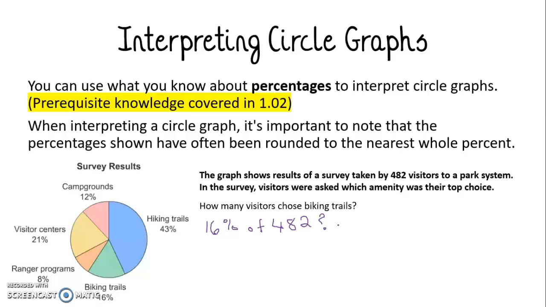Now, once again, we learned how to do this, or we reviewed how to do this back in 1.02. So if you need a review, please check that out. So we have to take 16% and rewrite it as a decimal, 0.16. Of tells us to multiply by 482, the whole. And if we do that, I'm going to pull out my calculator, 0.16 times 482, we get 77, roughly.